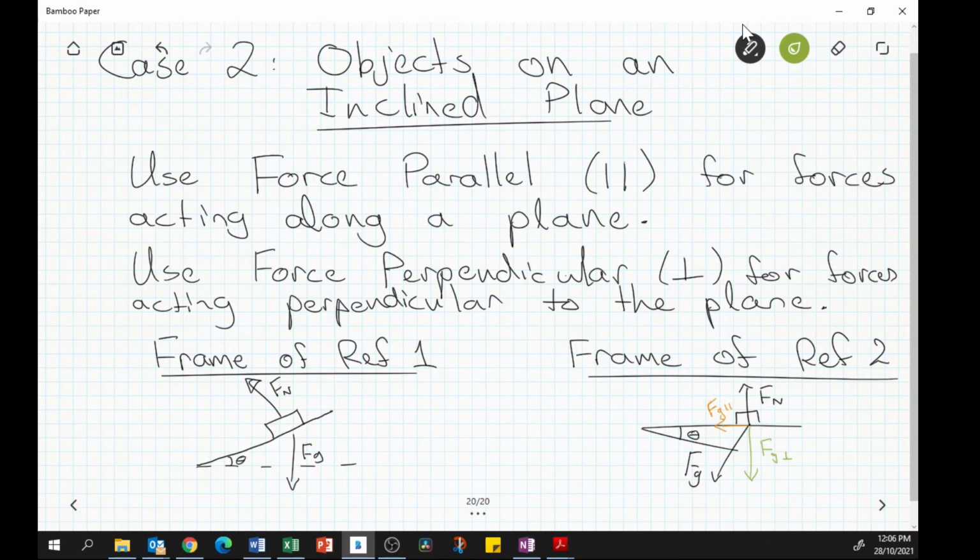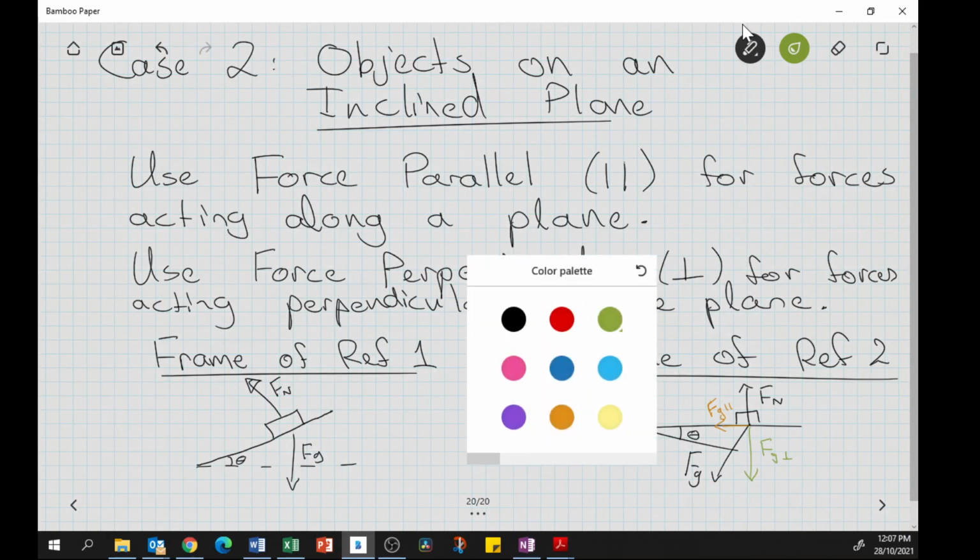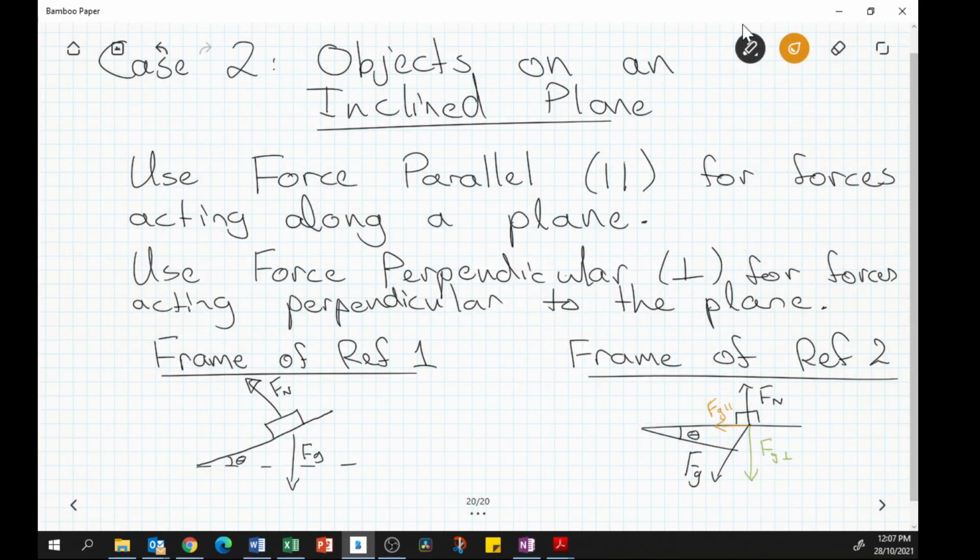Now, the great thing about this is the angles are a bit easier to read here. If I want to know the angle, because essentially what I'm going to do is bring this FG perpendicular down there, and I'm going to have two triangles. So this here will be FG parallel. And then I've got my triangle, and I can very clearly see that this angle here matches up with that angle there.